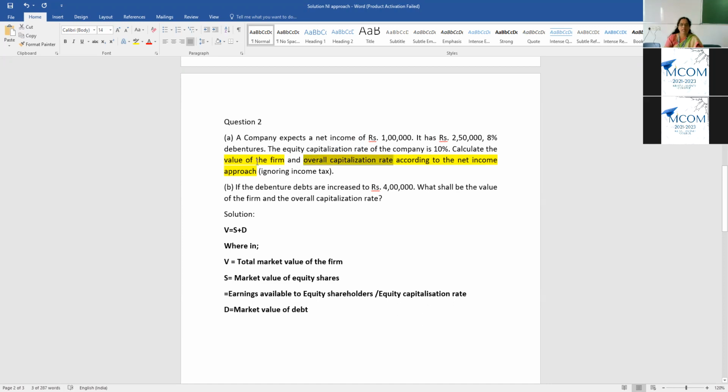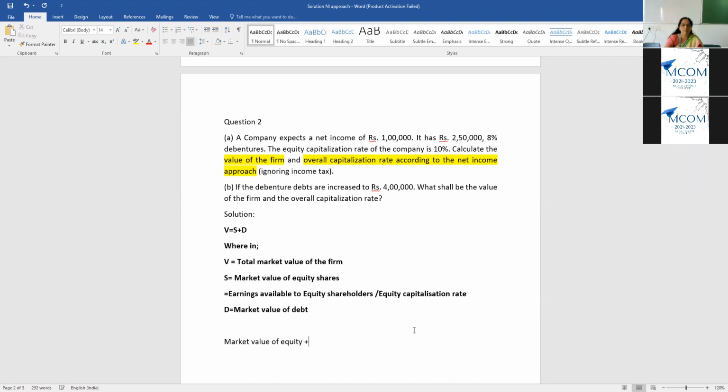So first let's calculate the value of the firm, where value of the firm V is equal to S plus D. We have the market value of the debt, so we have to calculate the market value of equity.